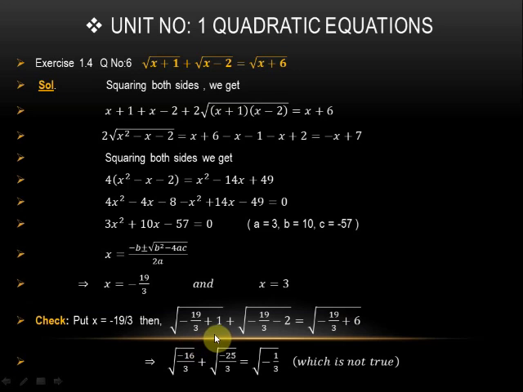By using the method of LCM, we will get under root minus 16 by 3. Similarly, in the second term, by using the method of LCM, we will get under root minus 25 by 3 is equals to, on right hand side, by using method of LCM, we will get under root minus 1 by 3.